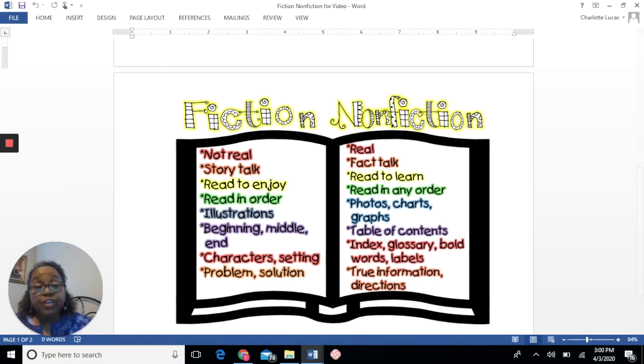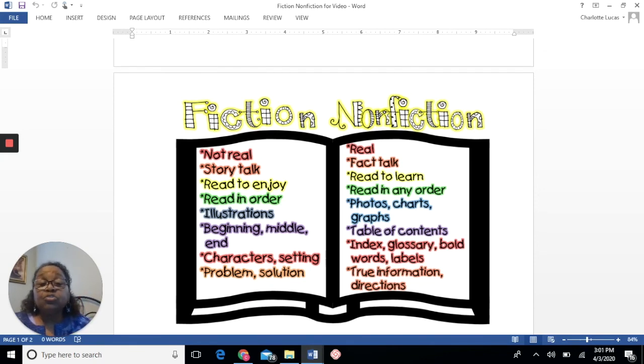A book that is fiction is not real. It can't happen. Some of the things in a fiction story can happen. Sometimes the only thing that's not real are the characters and maybe the setting. But a fiction story is something you read for enjoyment. They have a beginning, middle, and end, character, setting, problem, and solution.